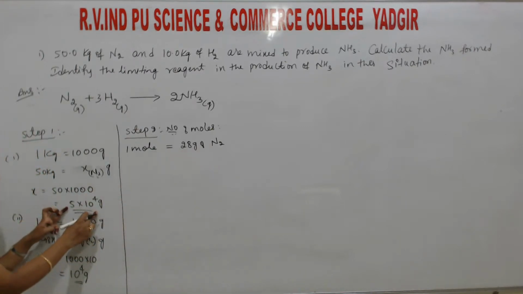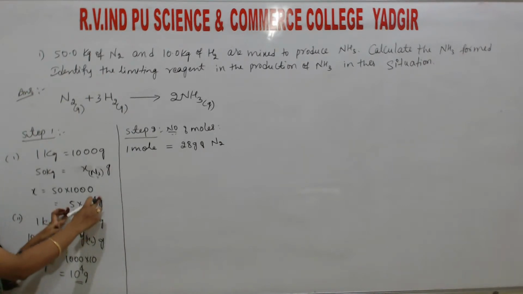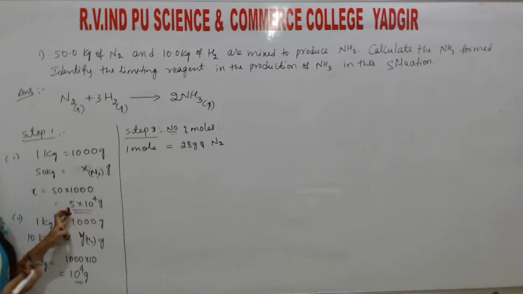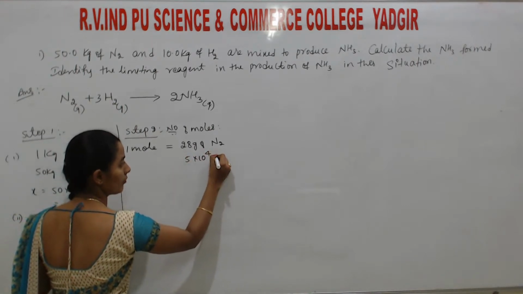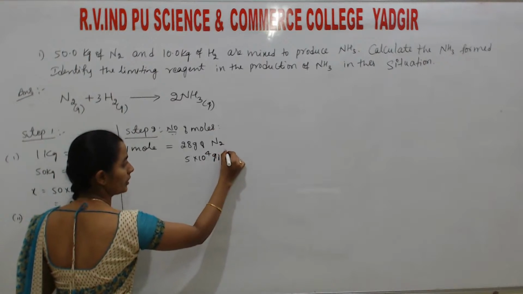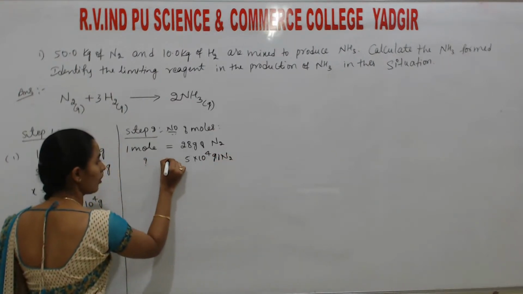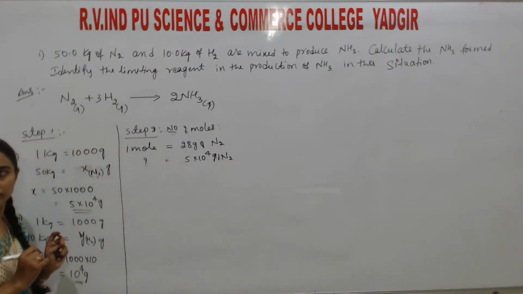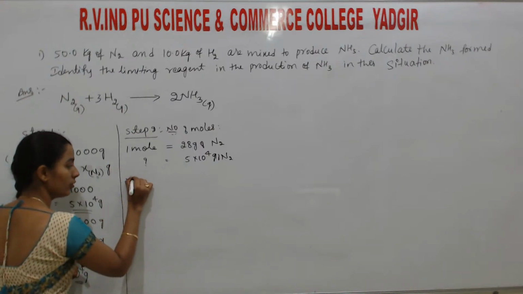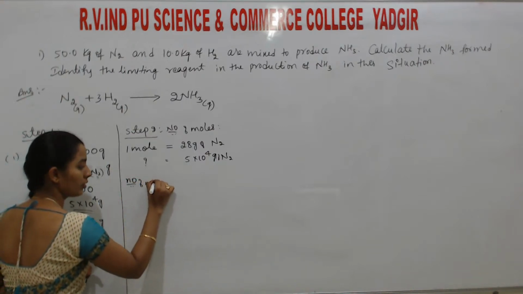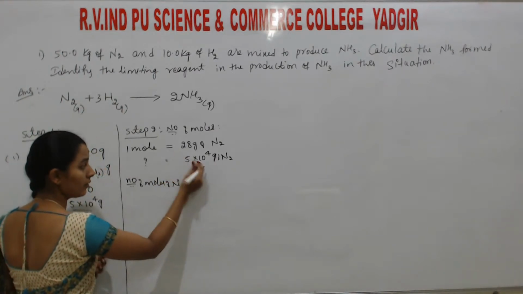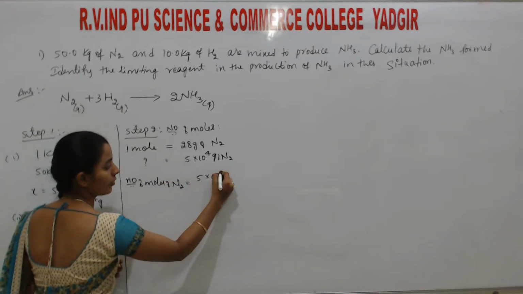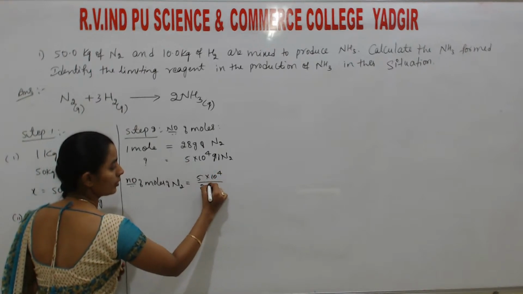Here we have 5 into 10 to the power of 4 gram given mass. So the number of moles of N2 becomes 5 into 10 to the power 4 divided by 28.